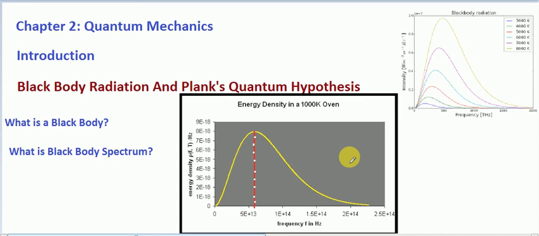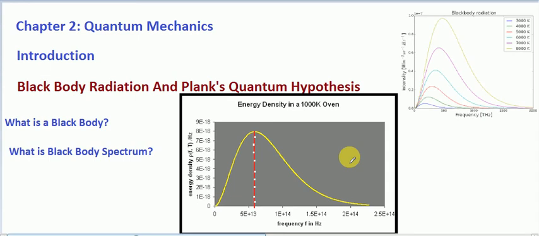So in earlier times, the scientists were able to explain most of the phenomena with the help of the above said laws, the classical laws. But they failed to explain some phenomena such as black body radiation. And in order to overcome this, a scientist, Max Planck, introduced the concept of quantum mechanics.